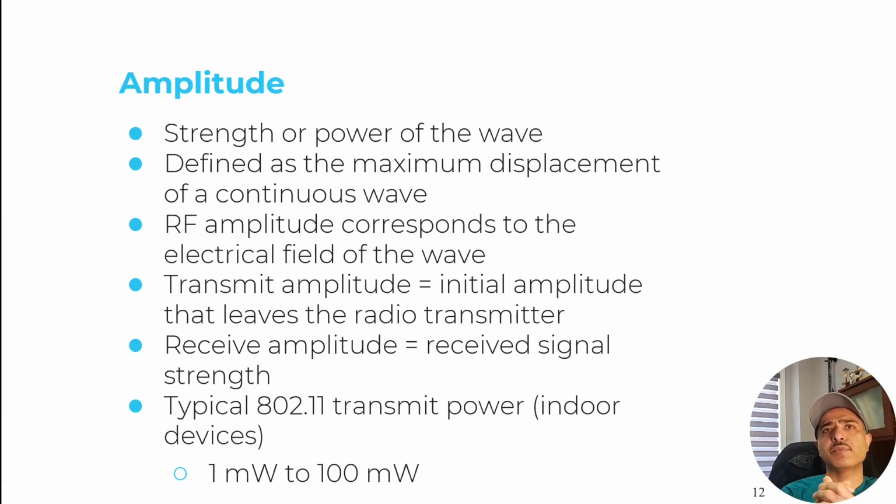The next thing is amplitude, the strength and power of a wave. Typically, what you need to remember is, since we're working on Wi-Fi, so I want to talk Wi-Fi for a second, the transmit power that you see is much lower. It's not much. And also, as we go further in these episodes, you'll notice that once the signal comes out of an AP or any transmitter, it has a significant drop.